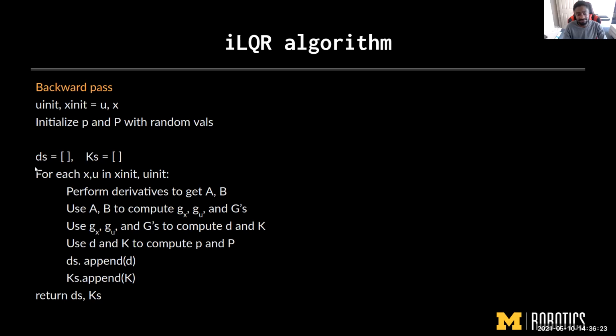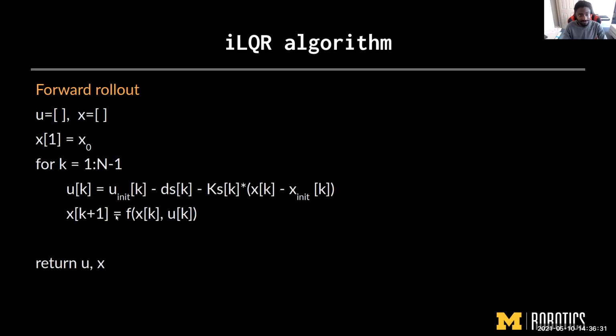And as a summary, this is the backward pass algorithm. We get the values of all these variables. And in the forward rollout, we use the D's and the K's we calculated from the backward pass to get the U, and then we use the U as well as the previous states with the dynamics to get the next states. And this is performed till convergence.